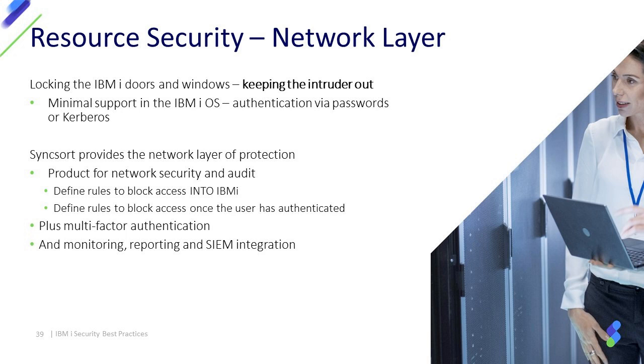But one of the things you really want to think about is that when you have your IBM i server up and running, your production environment, the first thing you want to do is keep unauthorized users out of the system, right? So locking the doors and windows into the system. IBM i does not have very deep support to be able to keep people out.